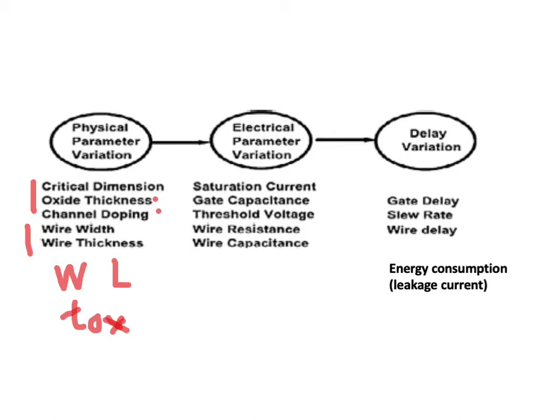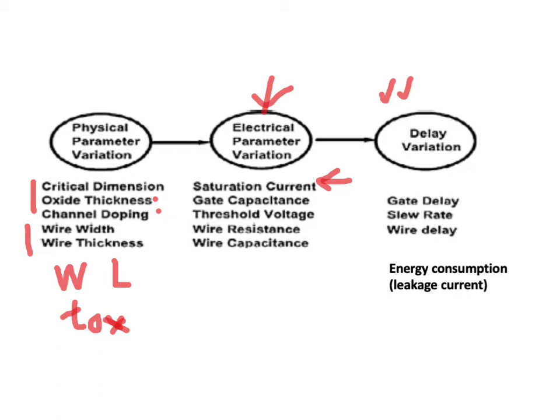Now, these physical parameter variations lead to electrical parameter variations, and the electrical parameter variations are what really cause the deviations in performance specification. Specifically, the physical parameters will change the current of the logic gates.